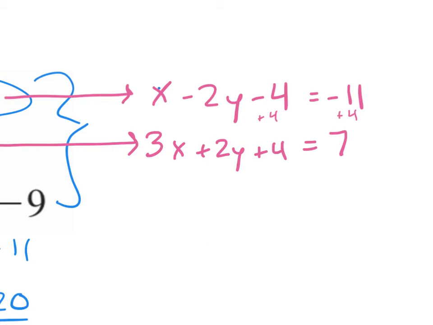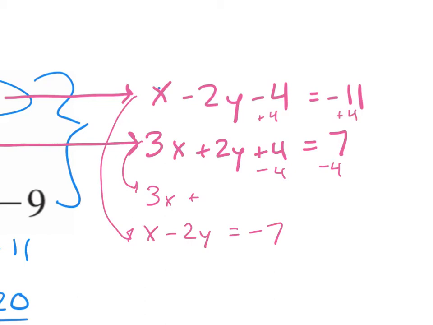So our first equation now becomes x minus 2y is equal to negative 11 plus 4 is negative 7. And then our second equation, when I subtract 4 on both sides, is 3x plus 2y is equal to 7 minus 4 is 3.